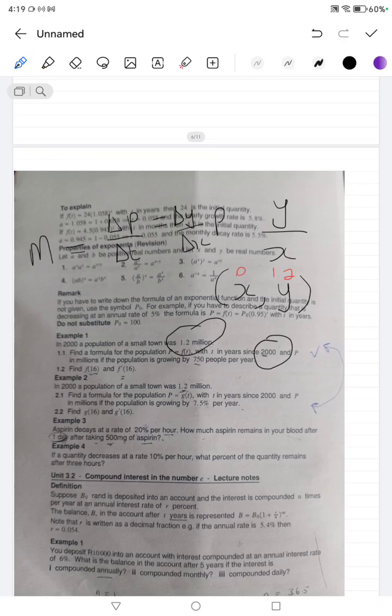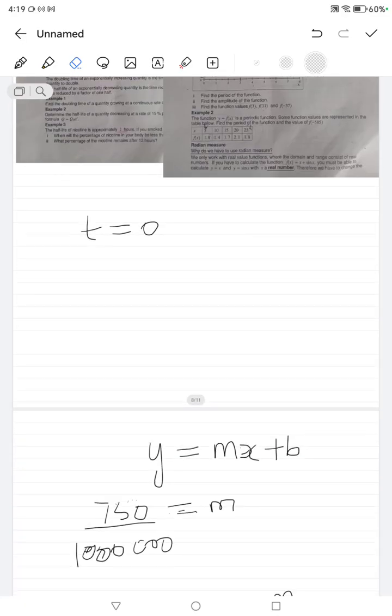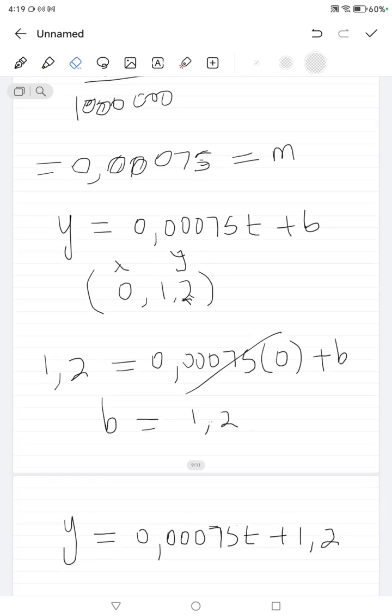Okay, yeah, I think we're still on the right track. And now they're saying the other ones are just straightforward. Find your f of 16, and basically they just want you to find the population in 2016. They give you your f of 16 and your derivative of that.